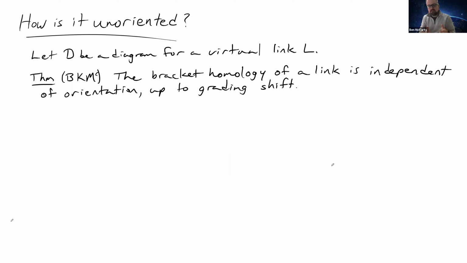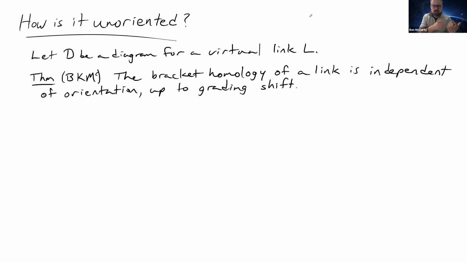The bracket homology, as we've defined it, we do have to pick an orientation to define it. But one thing we showed in our paper is that up to a grading shift, the homology that you get is independent of the orientation. So you can change the orientation around.